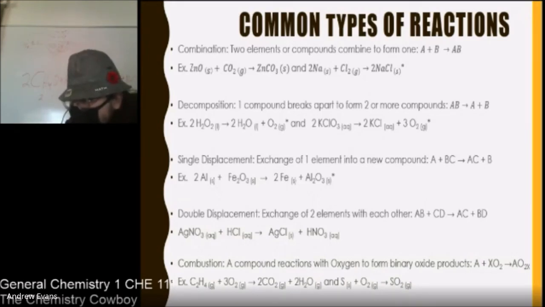We can say charcoal will burn to form CO2. We can say magnesium burned in oxygen forms MgO. All these are combustion reactions. It's basically a reaction with oxygen to form some sort of oxide.